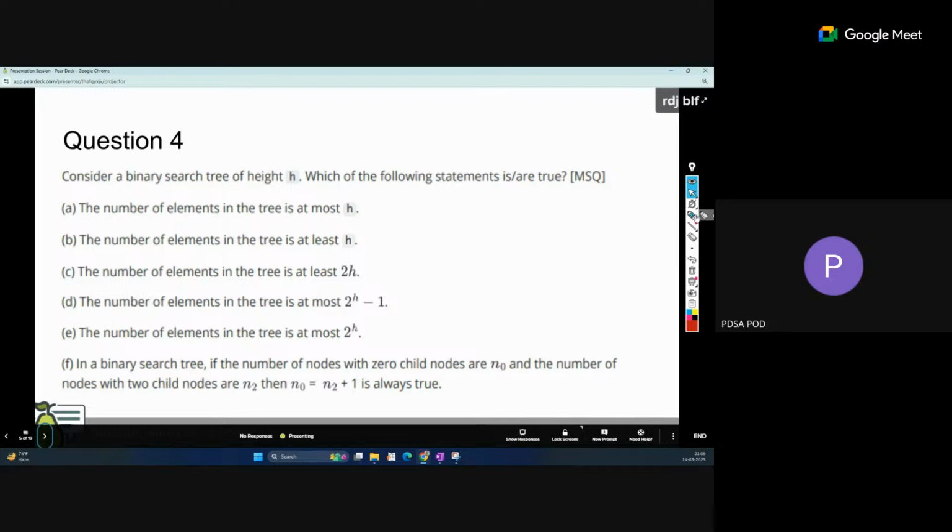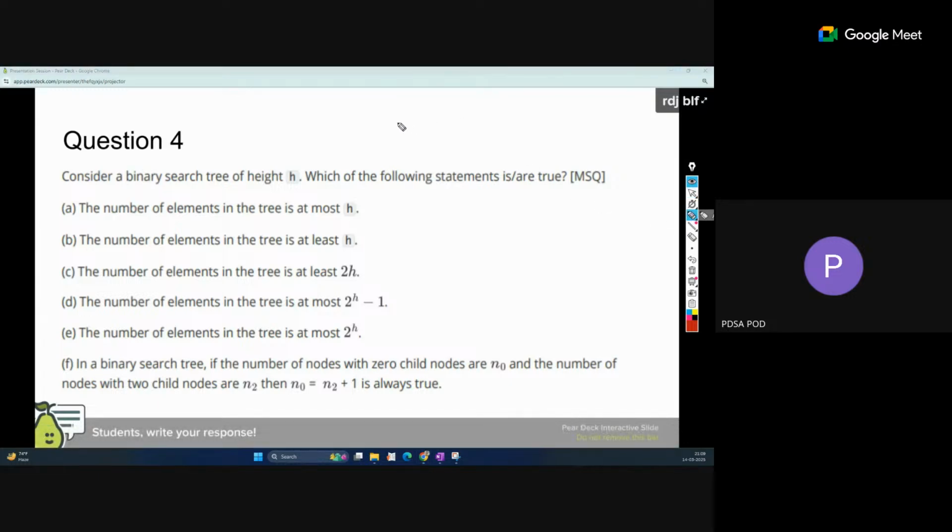In different books, some consider the height of one node to be zero, but some books also consider the height of one node to be one. So both are possibilities for the height calculation.